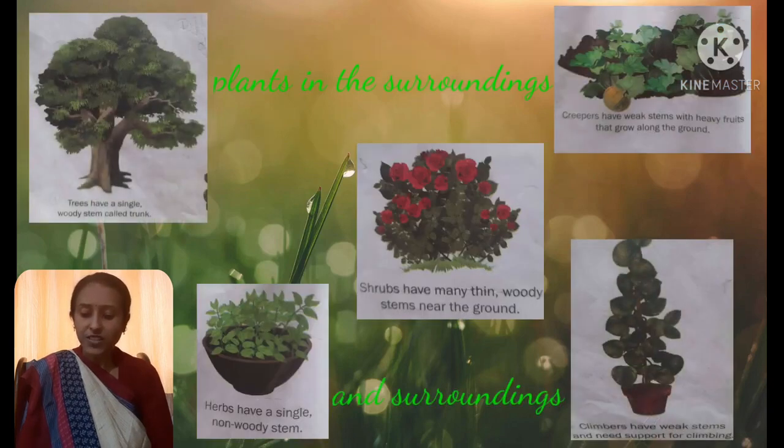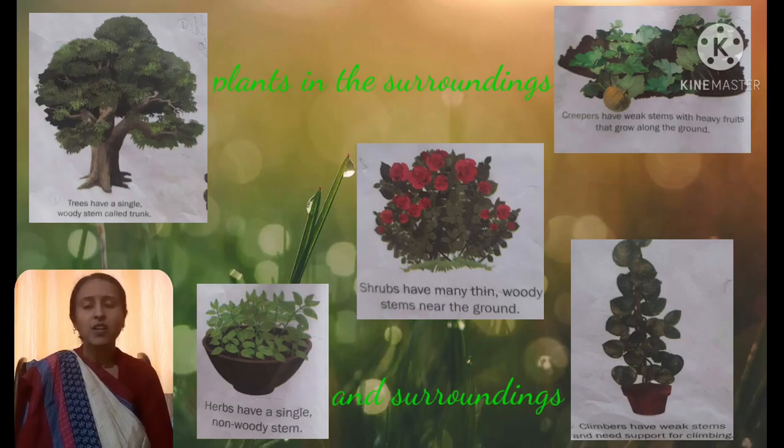We see different types of plants around us. Yes, of course, we always see different types of plants in our surroundings. Some plants are big, like trees, while others are small, like herbs and shrubs. There are certain plants that have weak stems too.